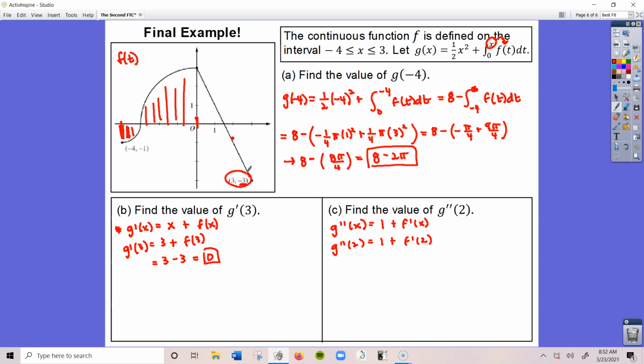We have this coordinate here, which is 3, -3, and then this coordinate here, which is 0, 3. So my slope here is 6 over 3, which is -2, since it's going down. So this is 1 minus 2, and we get a final answer of -1. And that's the second fundamental theorem.